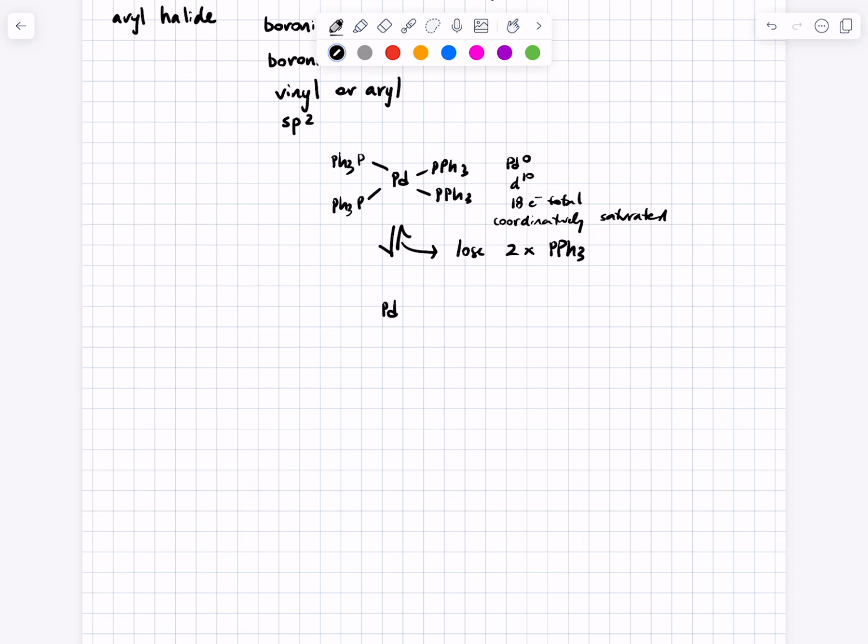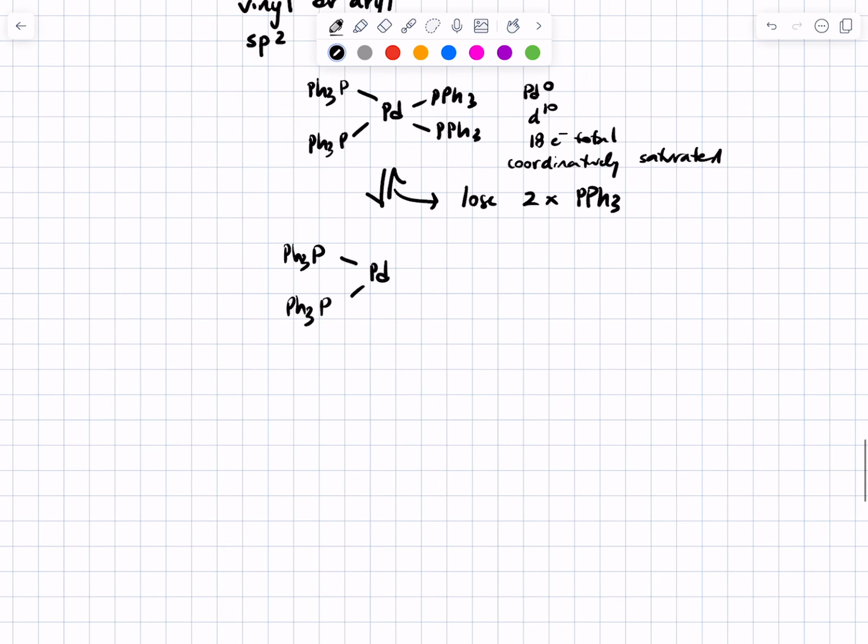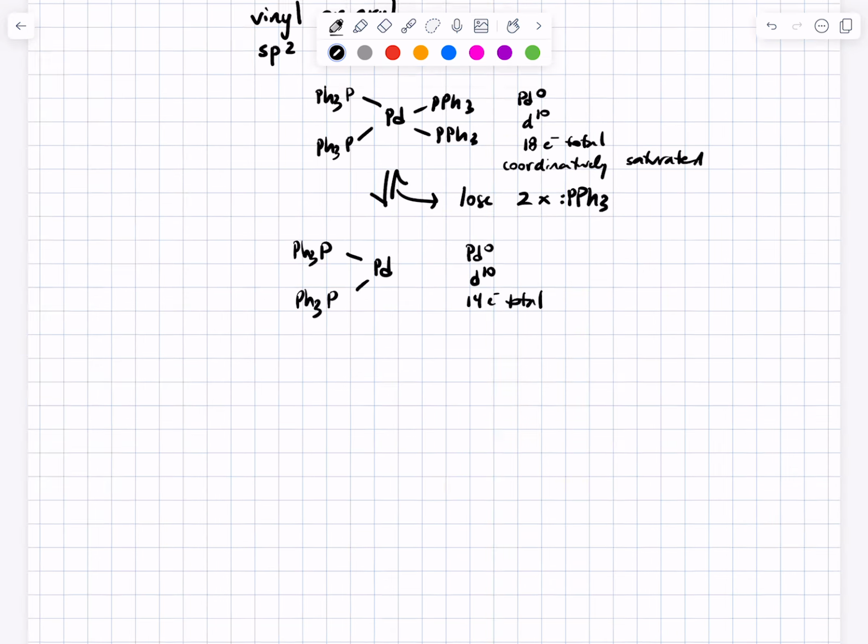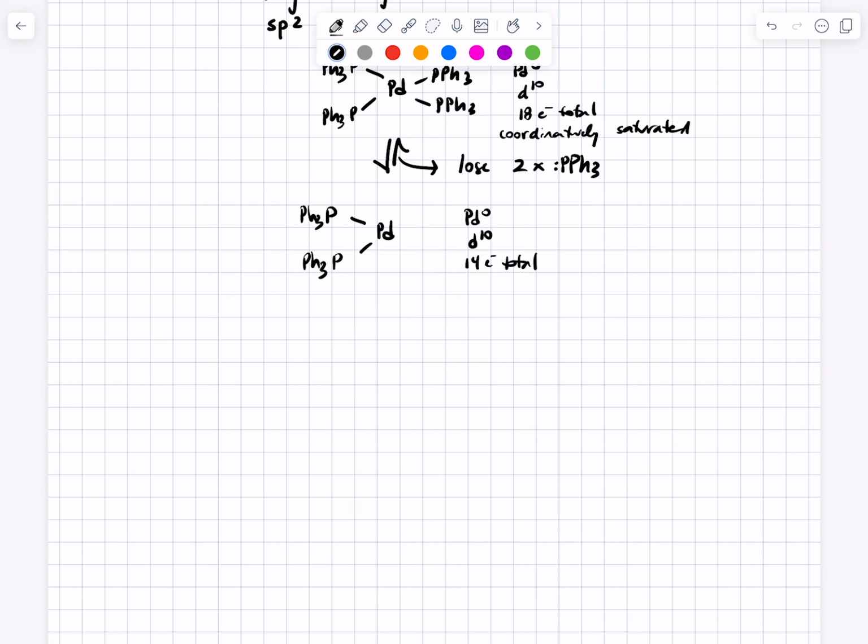When you do, the complex is still neutral, still palladium 0, and it still has 10 d electrons, but now it only has 14 electrons total because we lost 4 electrons with those 2 ligands. So now there are open spaces for the chemistry to happen.